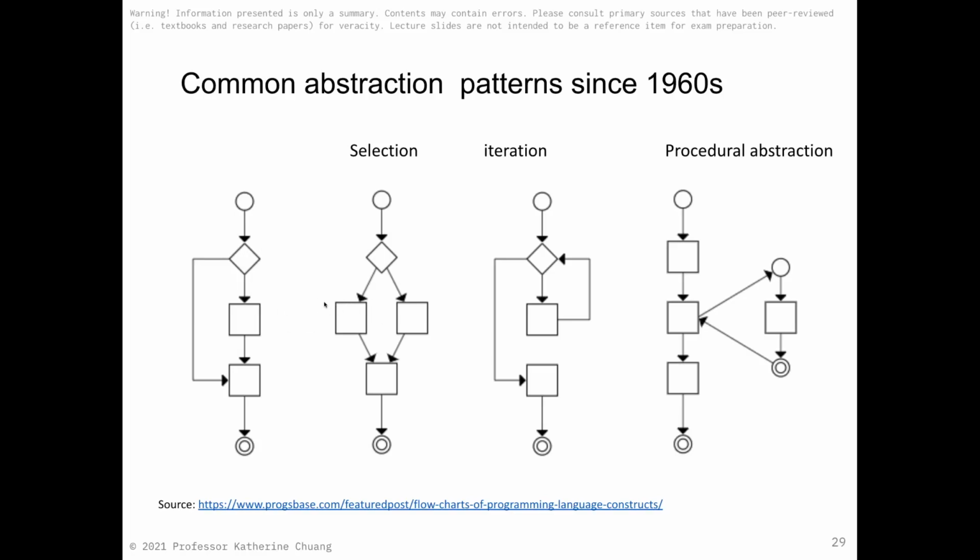And then in the middle here, we have iteration, which refers to if you have a loop, you can iterate through. And then we have procedural abstraction. So these are common abstraction patterns since the 1960s. So the programming languages since the 60s have all these patterns for their programming languages.